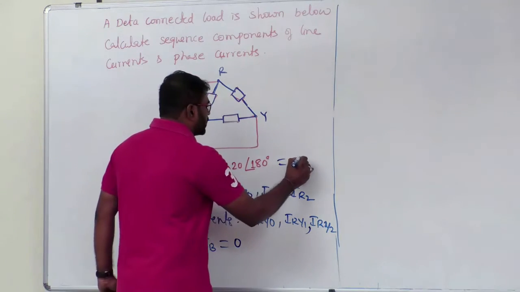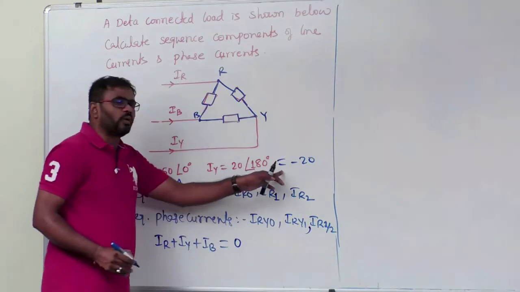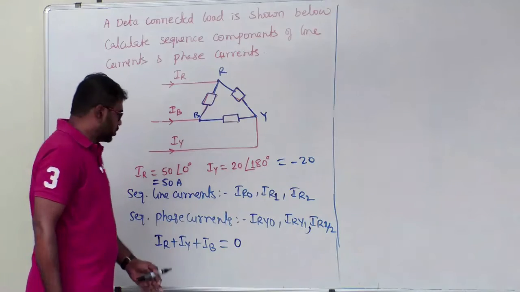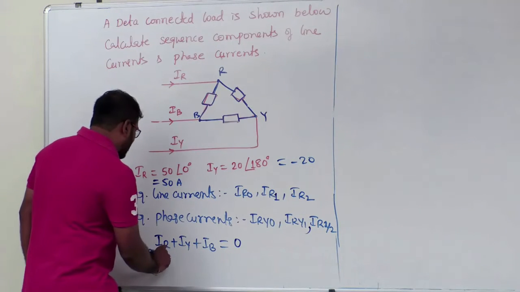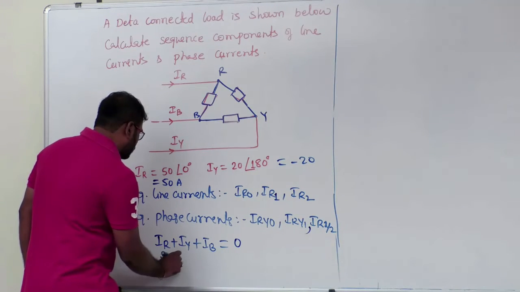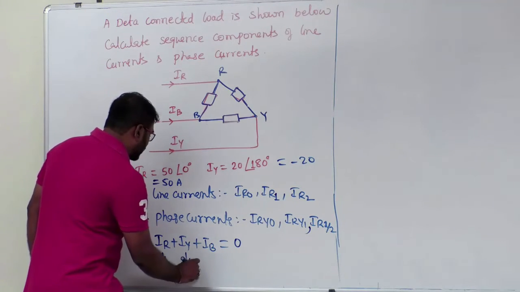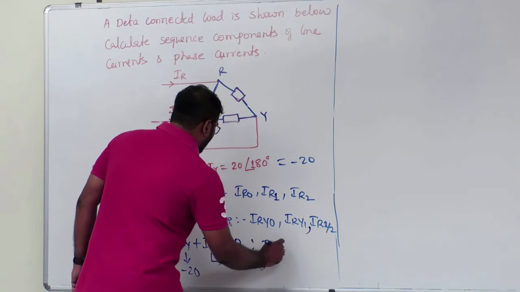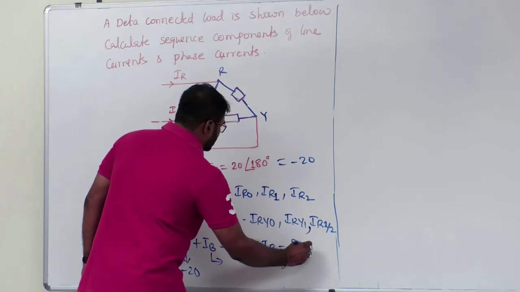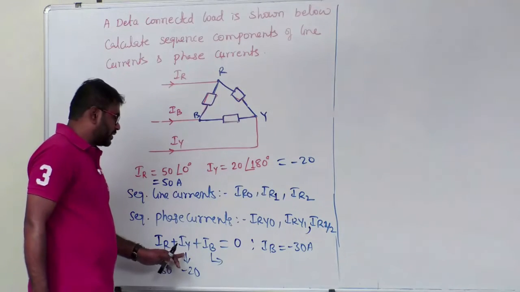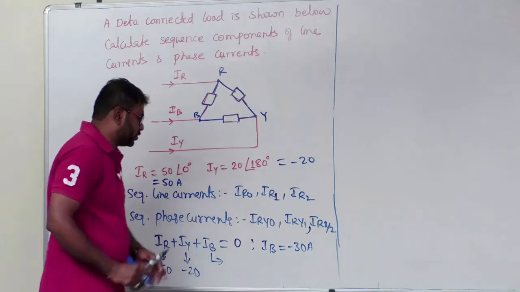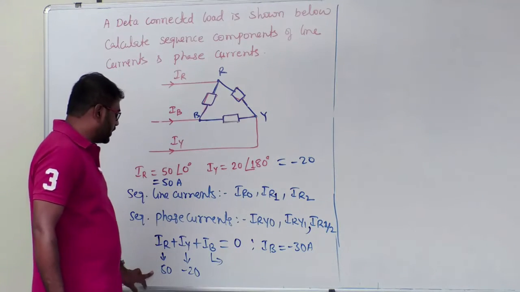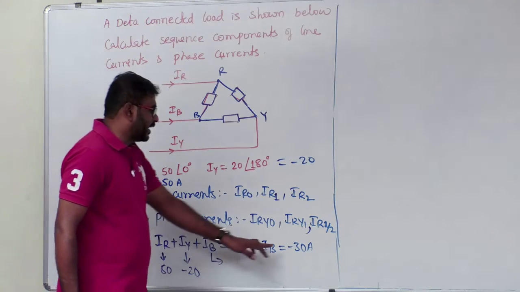IY is given as 20 at an angle 180, which is nothing but minus 20. So if I substitute, IR is 50, IY is minus 20, then what is IB? IB value is minus 30 ampere, because 50 minus 20 is plus 30, and when you move it to the other side, minus 30. So we know the IR value is 50, the IY value is minus 20, and the IB value is minus 30.